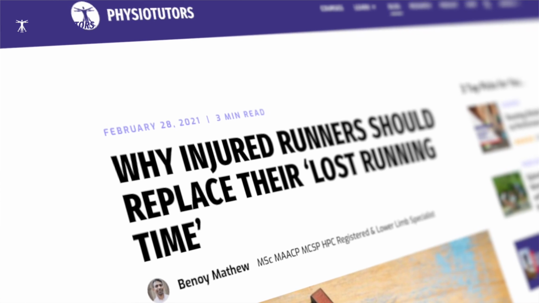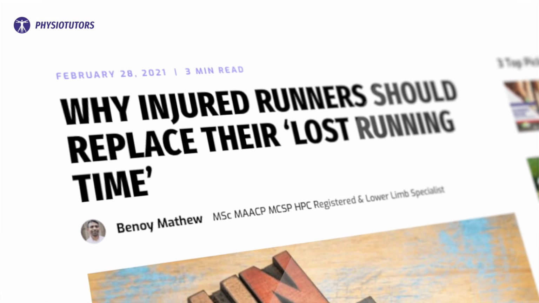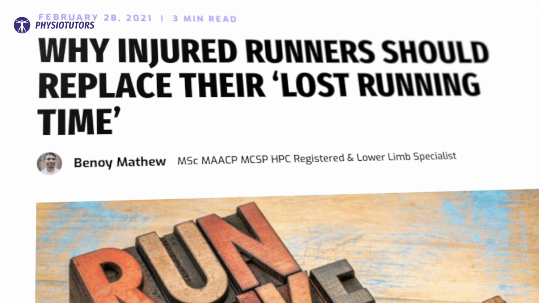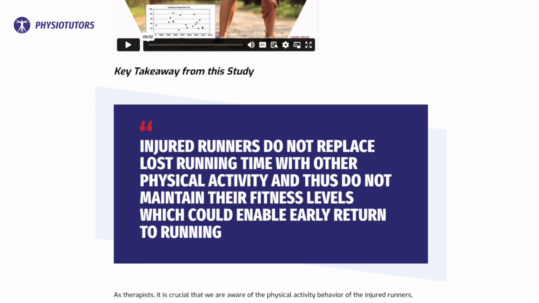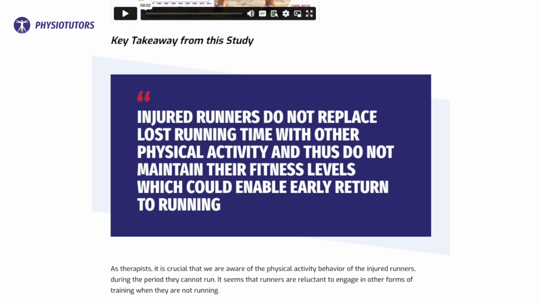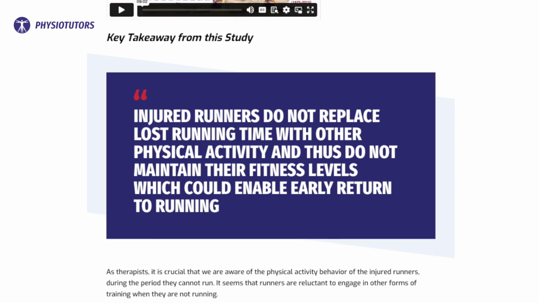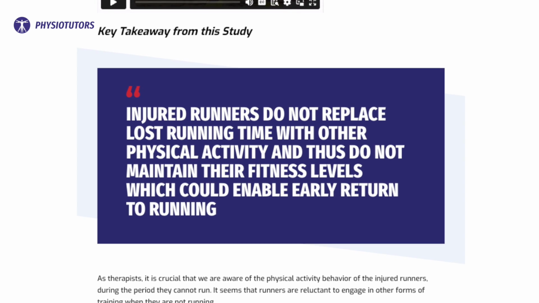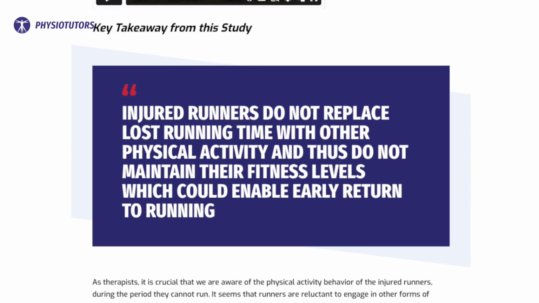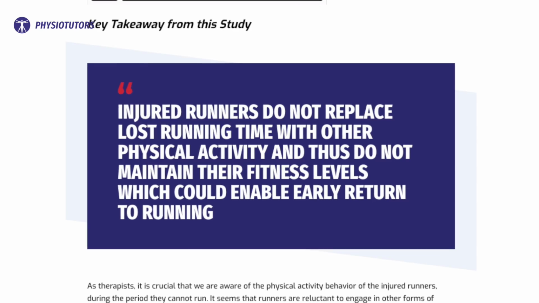In our blog, Why Injured Runners Should Replace Their Lost Running Time, we highlight the findings of a 2020 study which concluded that injured runners do not replace lost running time with other physical activity and thus do not maintain their fitness levels, which could enable early return to running.